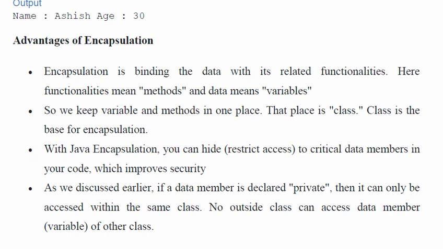If we restrict outside functionalities from accessing our methods and data members, then the data is secured. As discussed earlier with access modifiers, if a data member is declared private, it can only be accessed within the same class.